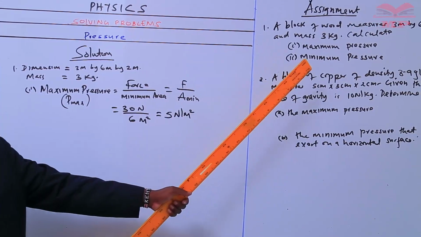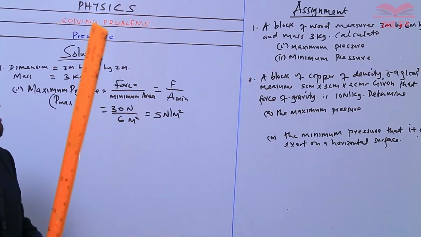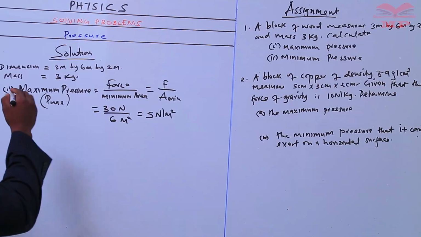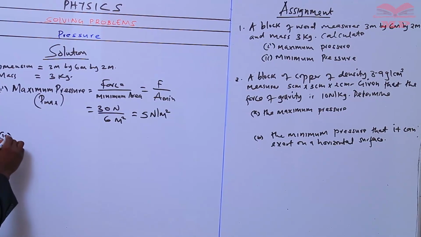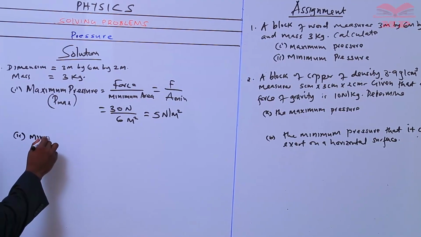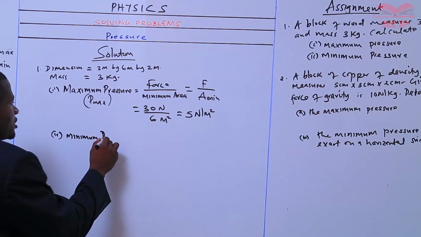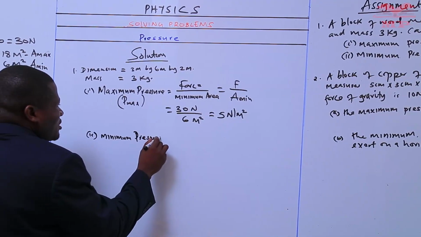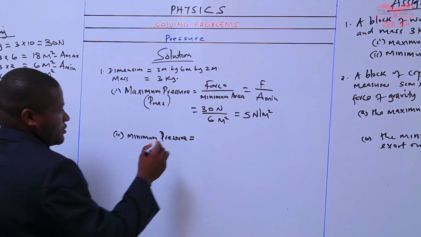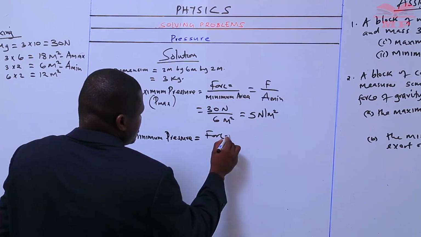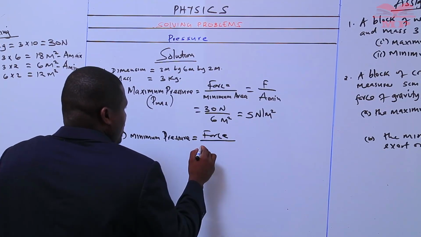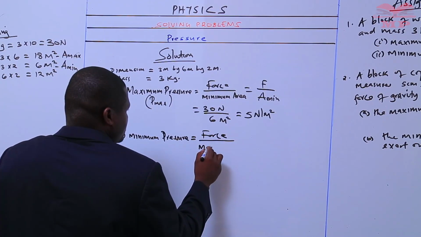Then after that, (ii), we are being asked to determine the minimum pressure. This is given by force over maximum area.